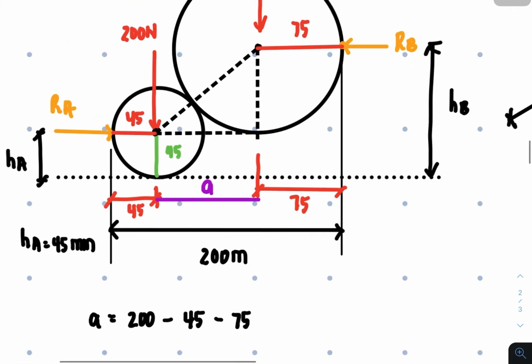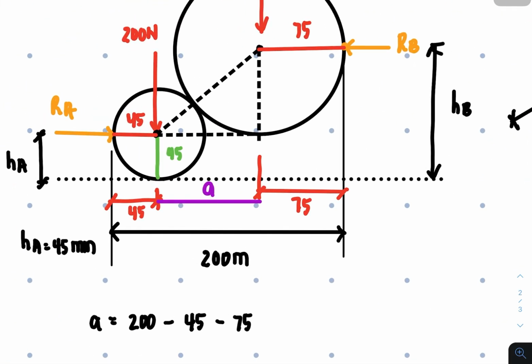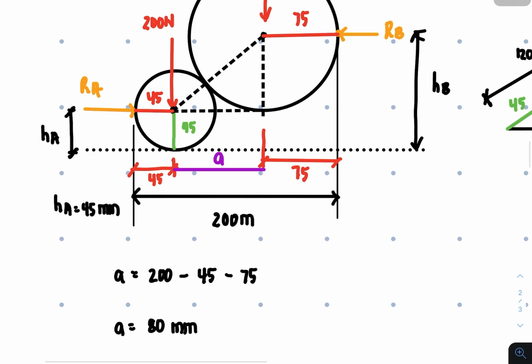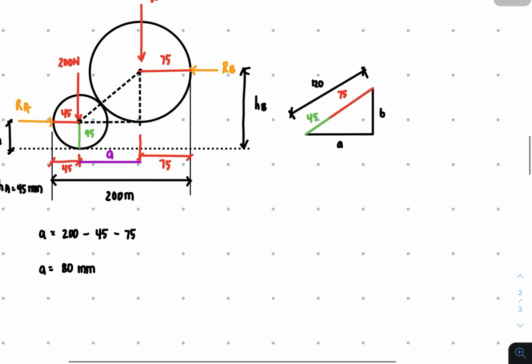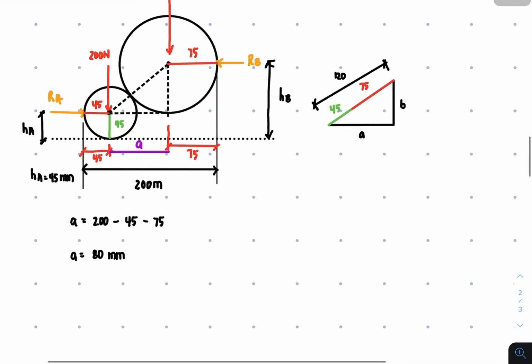Someone might say, sir, actually B is just the difference between this height and this height. So no, that is not possible. We have to investigate whether it is a difference.